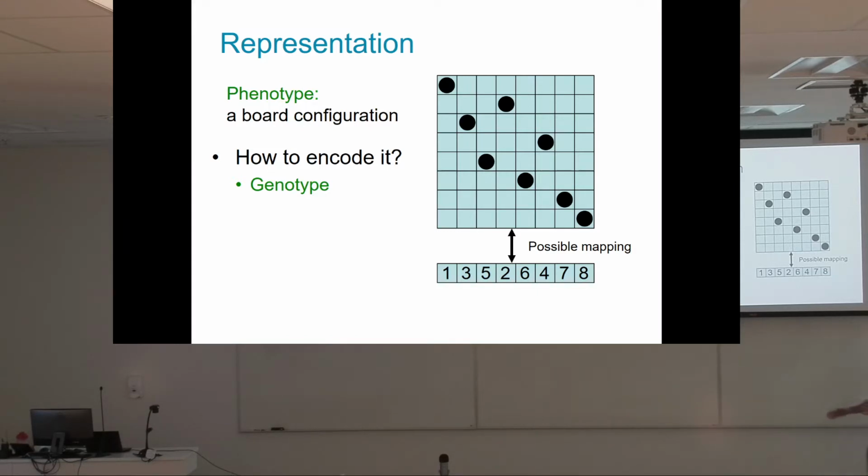What we have here is, if it's an 8x8 board, I'll have an array of size 8. Each cell contains a number, and the number in that cell represents which row the queen is in for that column. And I guess here we're using 1-based counting. So the first column is in row 1, then row 3, 5, 2, 6, 4, 7, 8. That's the idea.